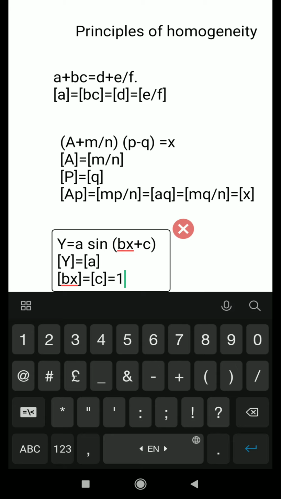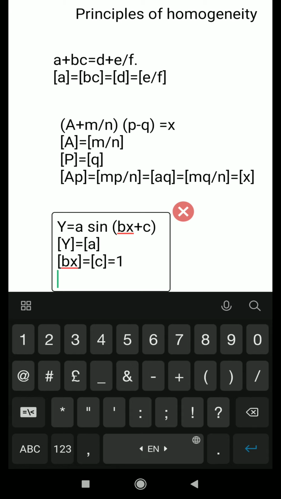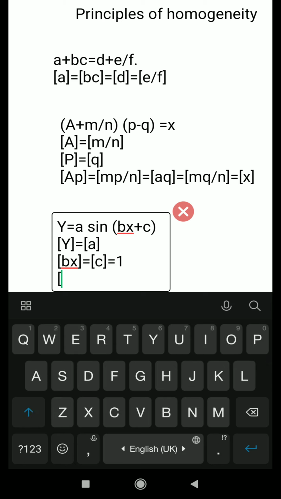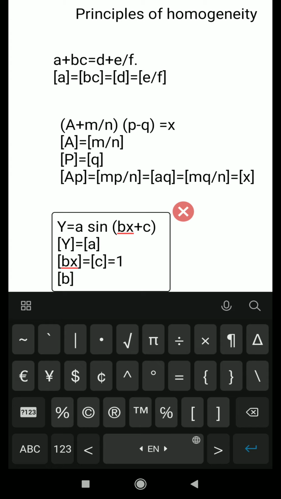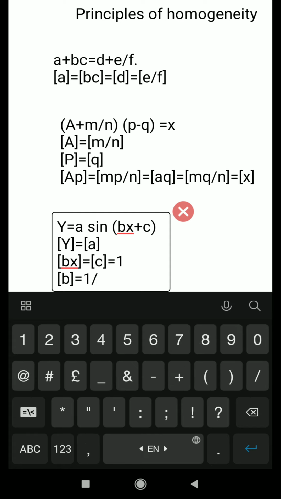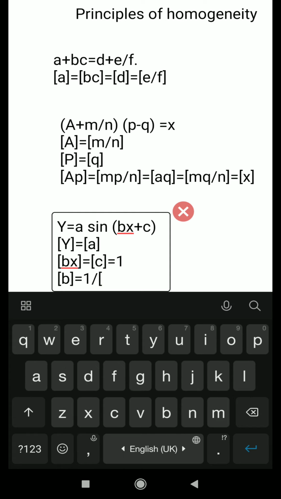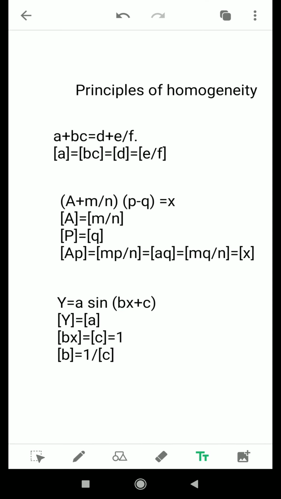So here I also add this: the dimension of b is 1 by dimension of x. Clear? This is all about the principles of homogeneity.